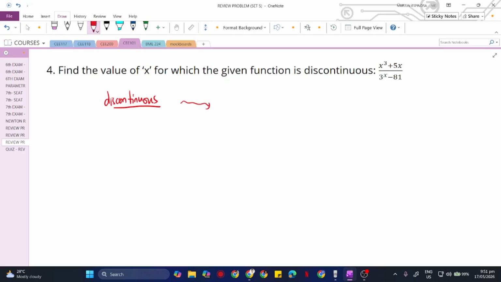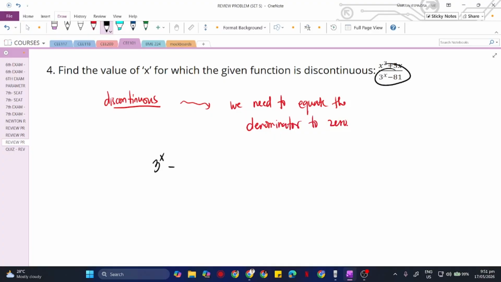To find the value of x that will make our function discontinuous, we just need to equate the denominator to 0. We just need to equate the denominator to 0, and that would give us this one, 3 raised to the power of x minus 81, then equate that to 0. We can transpose this one, 3 raised to the power of x equivalent to 81.